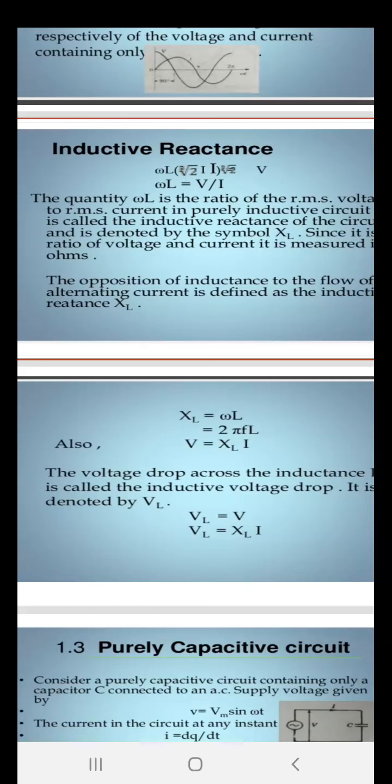Firstly, you must know the ratio of RMS voltage to RMS current is called inductive reactance. This must be in your mind.